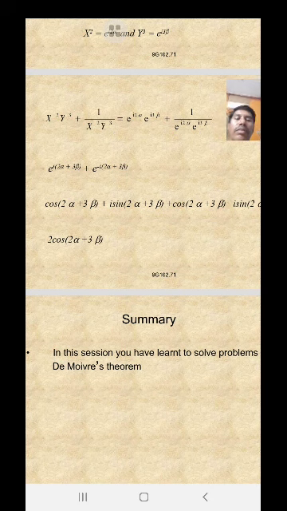Then from exponential we are writing polar form, or De Moivre's form.